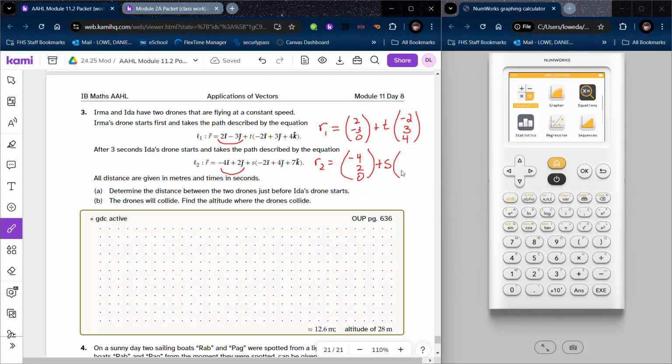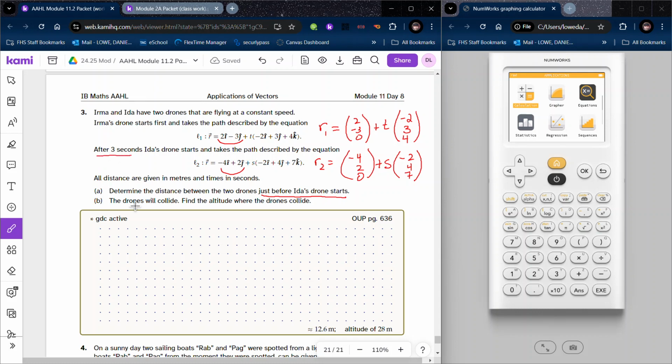Then we have a different parameter, and this particular drone starts in a similar x direction, but the y direction is a different movement, and the z direction looks to be moving faster in the upward direction and faster in the y, let's say front-back direction as well. All the distances are given in meters and the times in seconds. Determine the distance between the two drones just before Ida's drone starts.